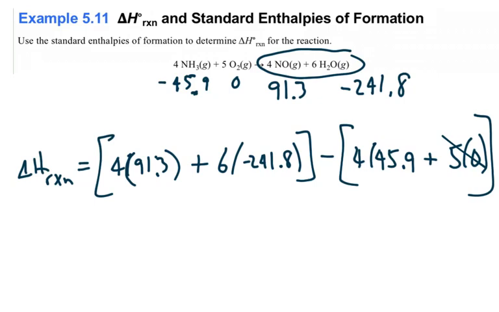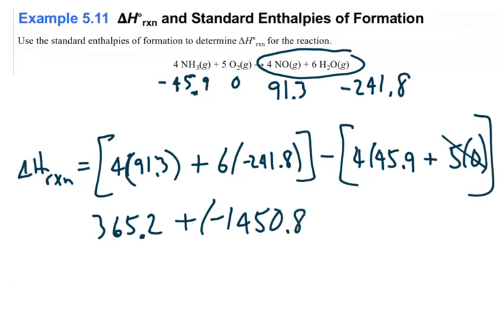So let's do the math again. The setup is correct. So you go 91.3 times 4, and you get 365.2, plus 6 times negative 241.8, and that gives you negative 1450.8.